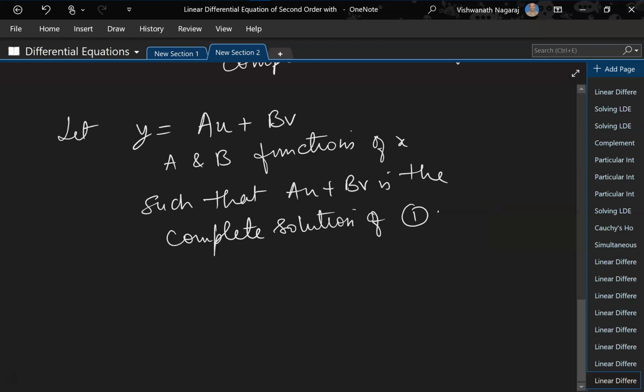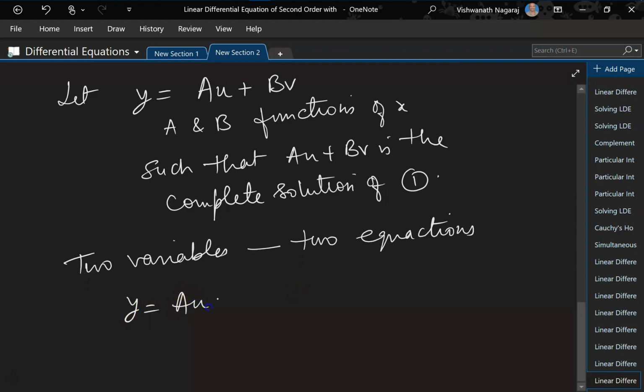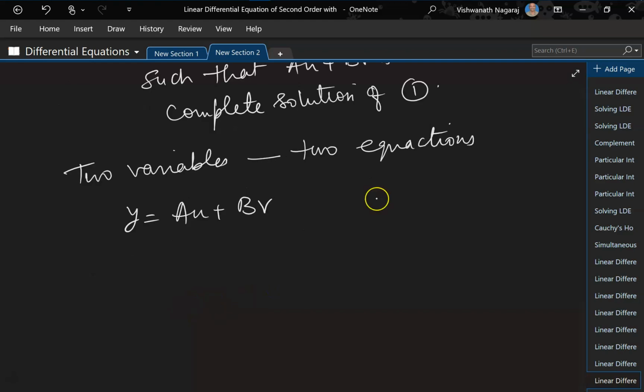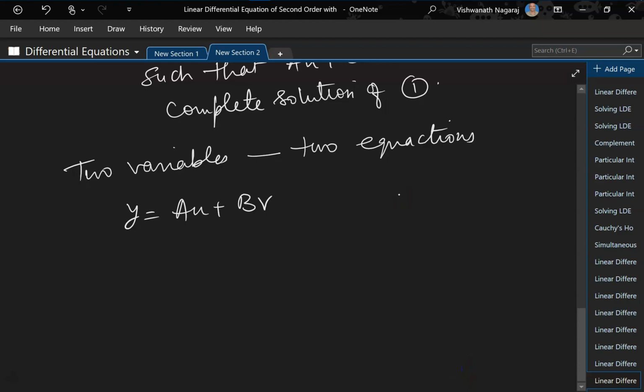equation 1, right? So now here we have two variables, which means we require two equations to figure out a and b. Now y is equal to au plus bv, right? So let's differentiate this. Instead of writing dy by dx, because as you will notice as we go along, we'll end up writing a lot of dy by dx, we will use a different notation.